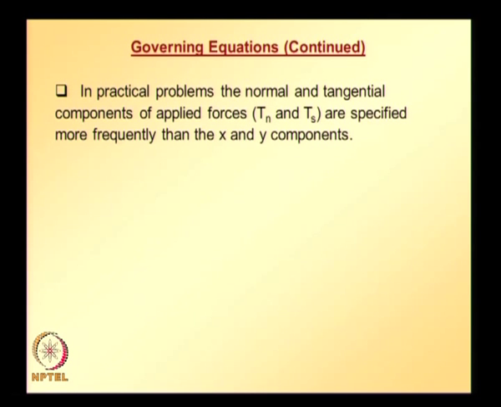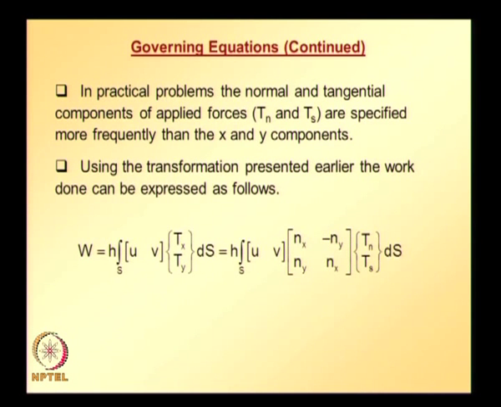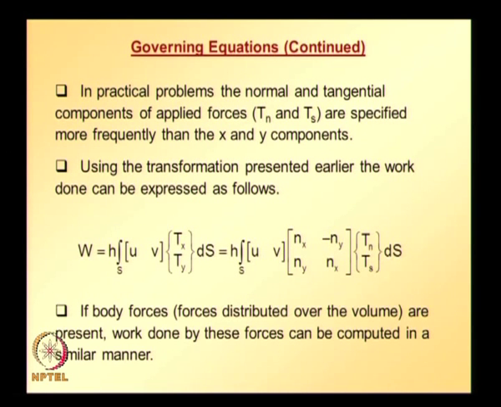So, we can use that and re-express this in terms of T n, T s using direction cosines of the outer normal to the surface over which tractions are specified. If body forces are present, the work done by these forces can be computed in a similar manner.